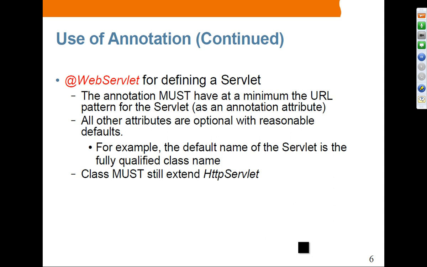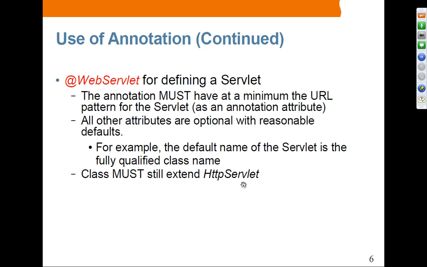So that's something that you have to specify along with the annotations. We'll see an example in the following slide. Other attributes are optional with reasonable defaults. So if you don't specify these attributes, then default values will be used. For example, the default name of the servlet is the fully qualified class name. The class must still extend HttpServlet.